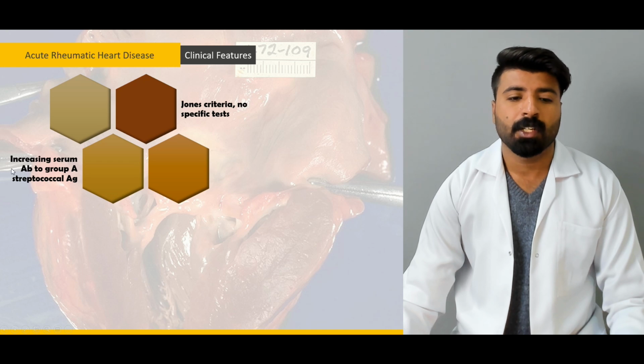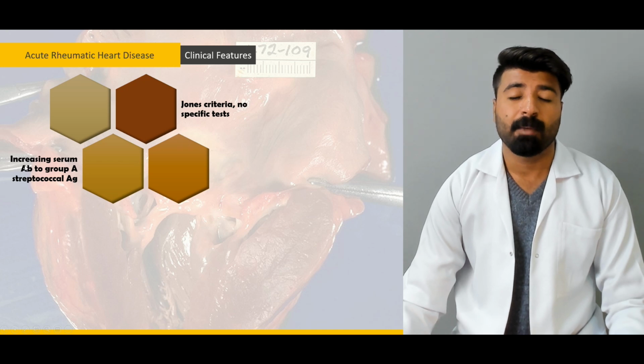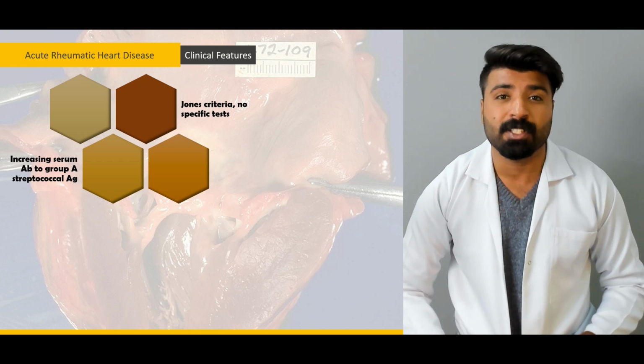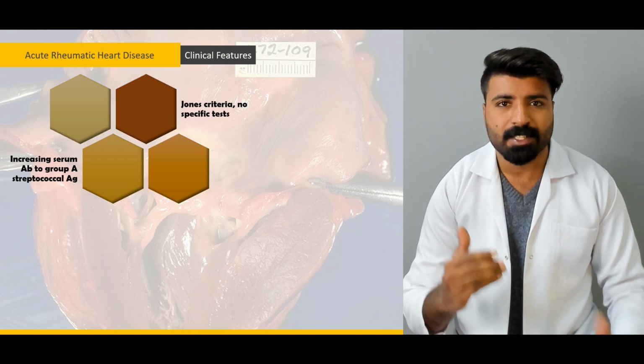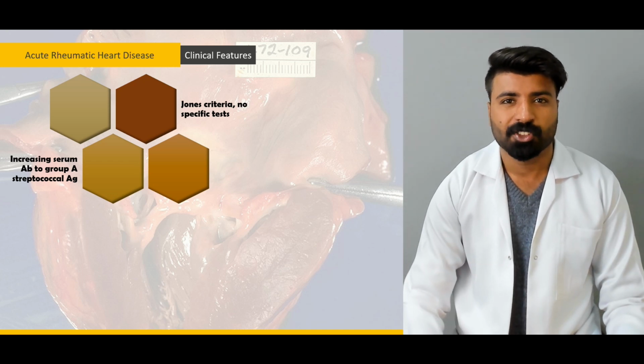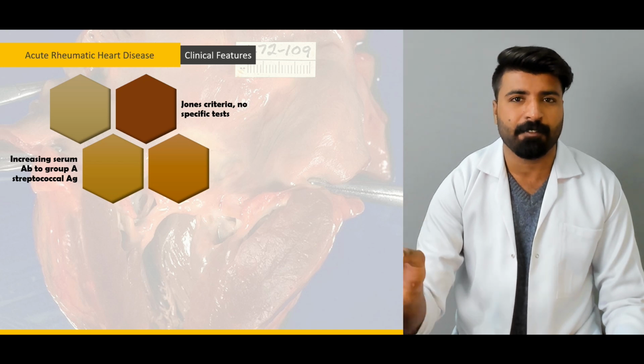Number 2, increasing serum antibodies to group A streptococcal antigen. Now, this is a very important marker for the progression of this kind of autoimmune disease, that is, how progressive the disease is right now. So we check for the antibodies inside the serum of the person being affected.